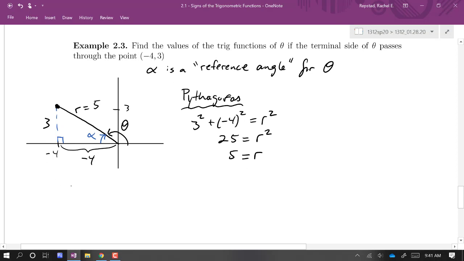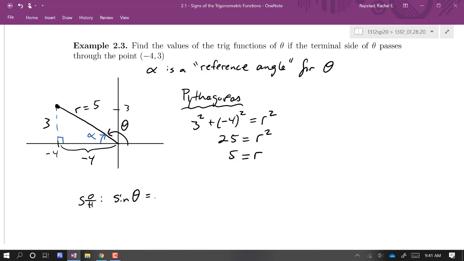The key here, the trick, is that when we find, say, sine first, it's opposite over hypotenuse. Sine of alpha, if I treat alpha like it's a first quadrant angle, would be positive.